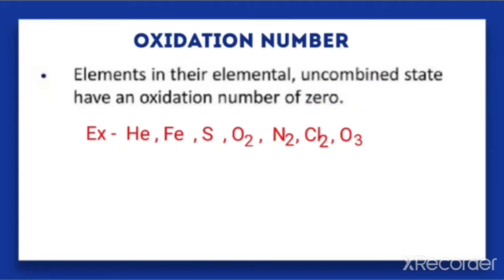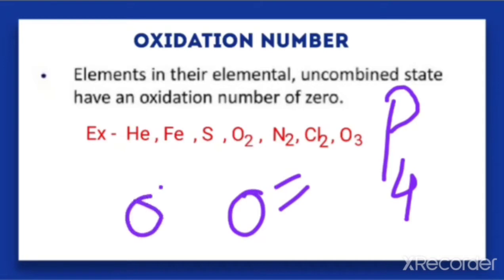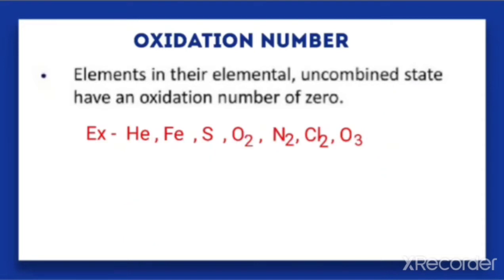What about the oxidation state of P, that is phosphorus, in the tetraatomic form? That is also equal to 0. So the oxidation number is 0 for the elements which are in the elemental or uncombined state.